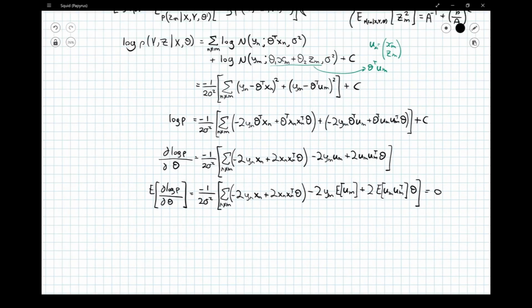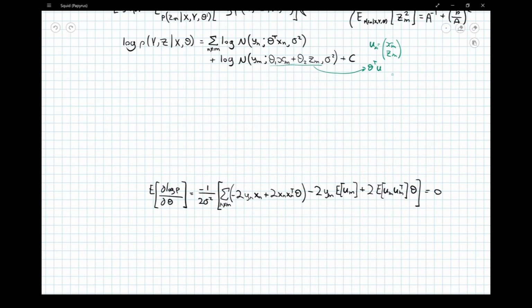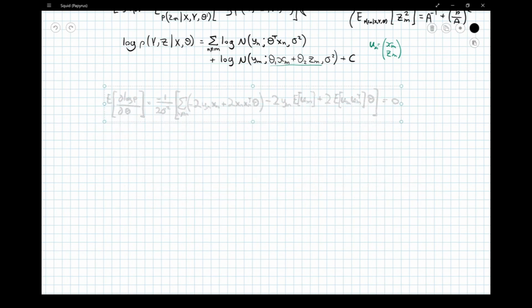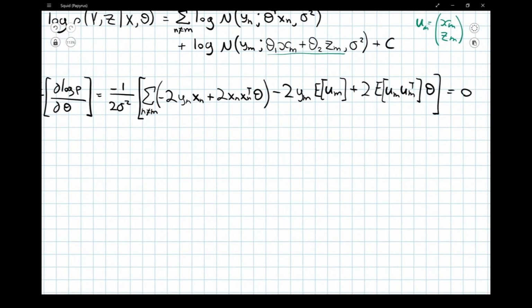So setting this expression equal to 0 implies that.